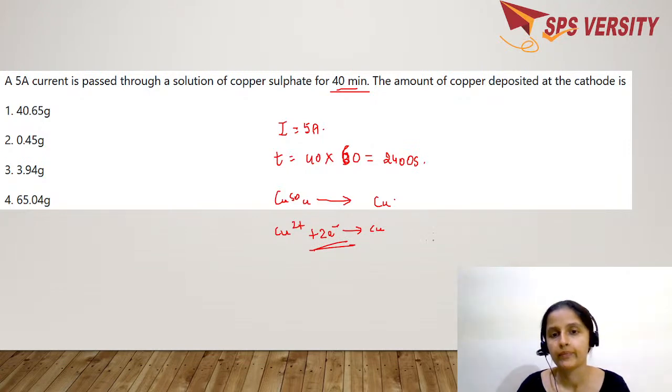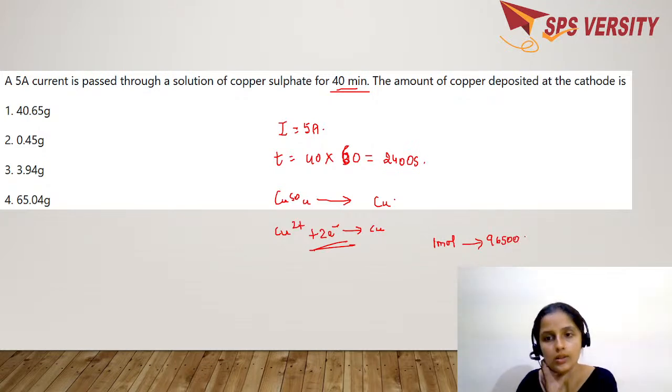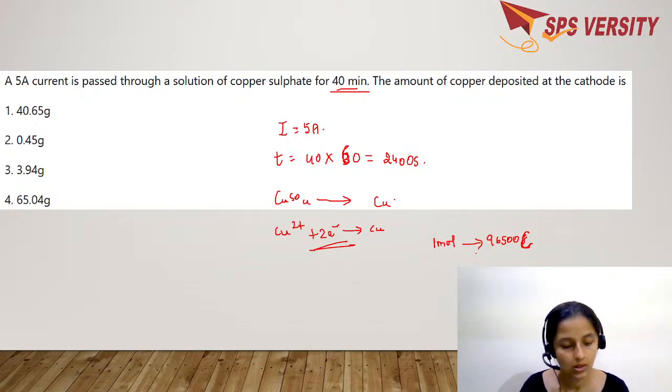Now, for 1 mole of copper, you need 96,500 coulombs. Sorry, not joules, coulombs.